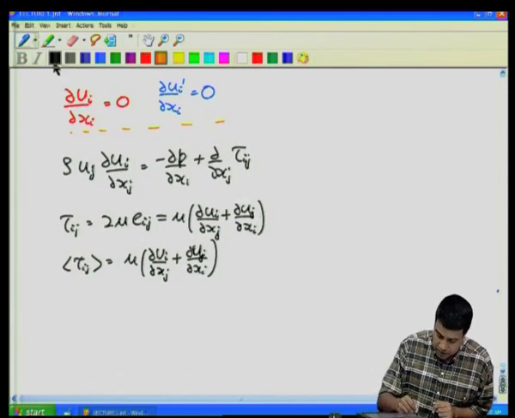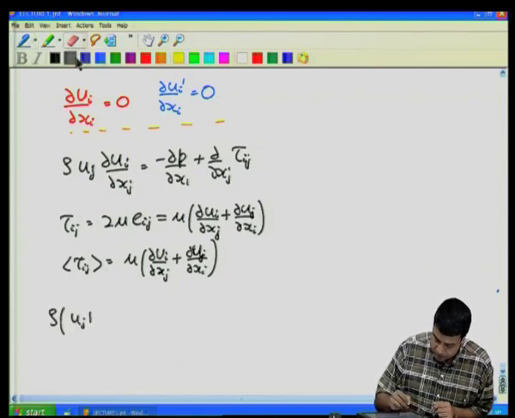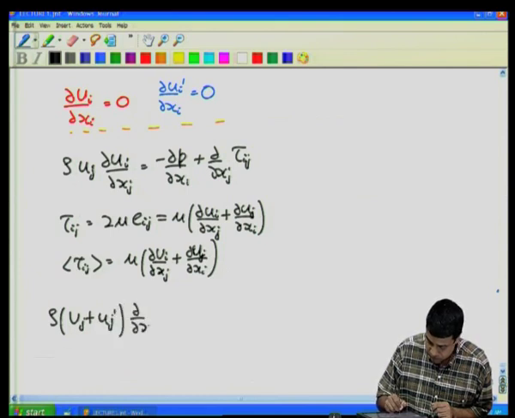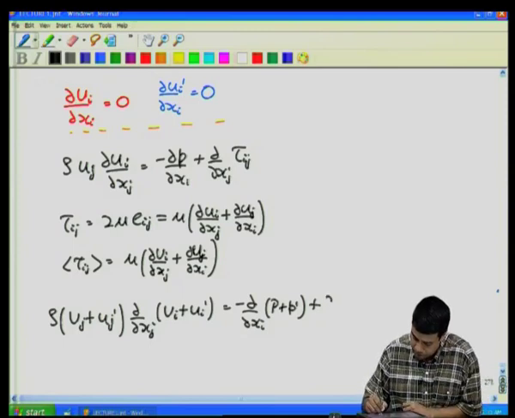So, the momentum conservation equation becomes rho into u_j.